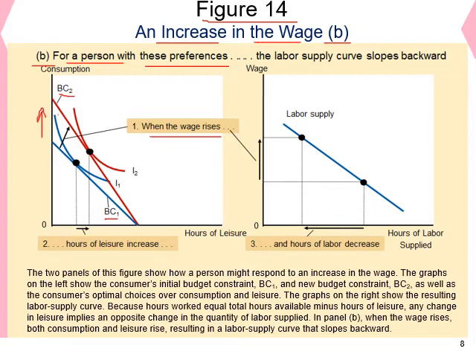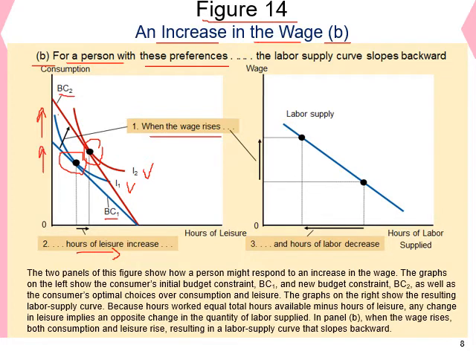This leads to a new optimum compared to the initial optimum. The first optimum is on indifference curve IC1, and the second one is on indifference curve IC2.